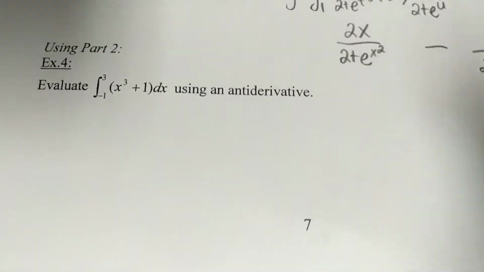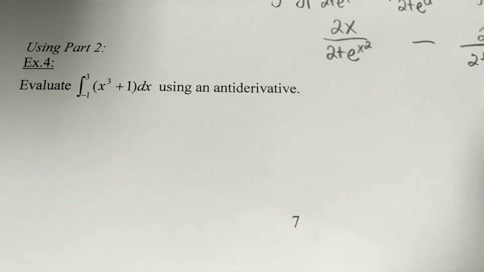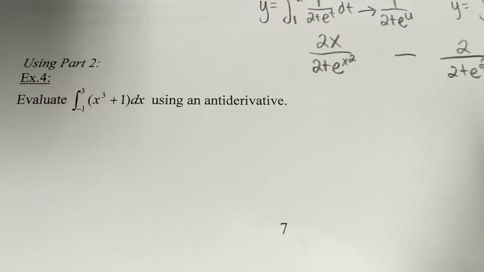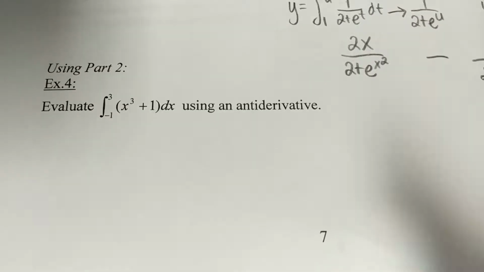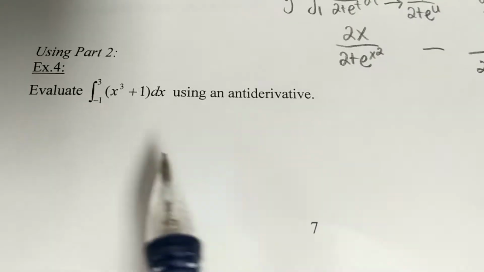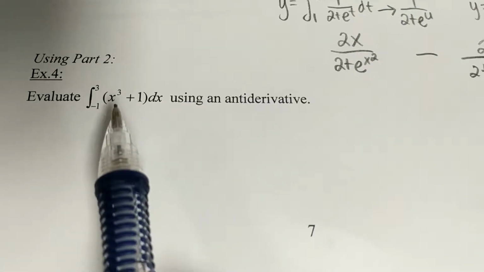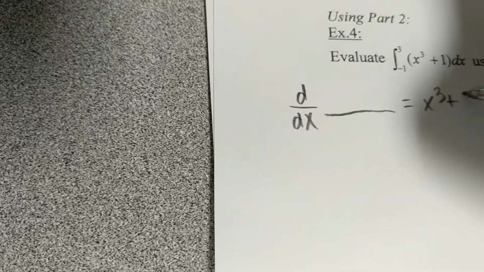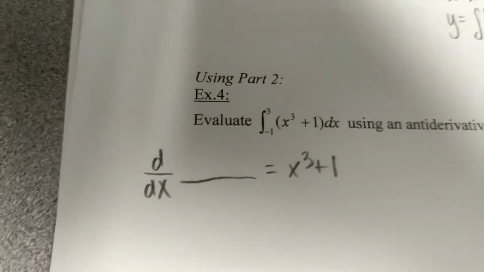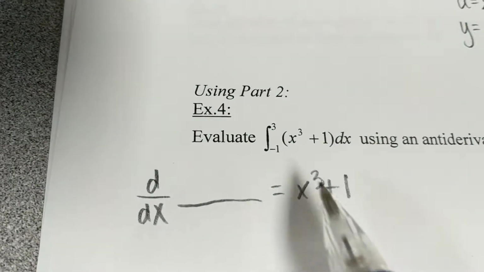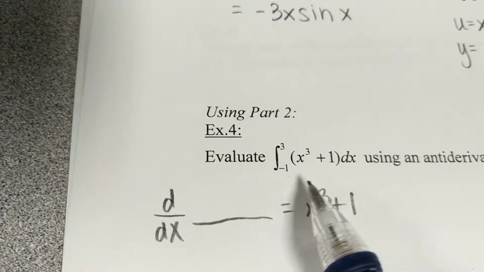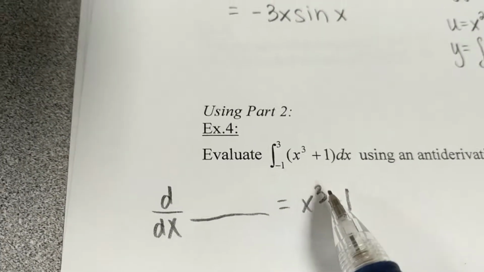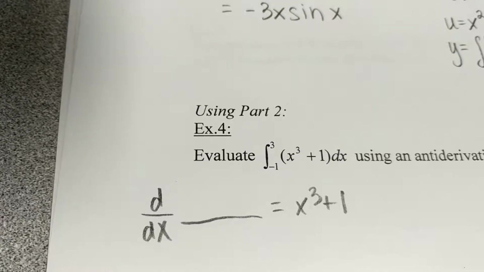So we're going to start with this one. Now, some of you did these in pre-calc, some of you did not. So I want you to think about the power rule when we're doing an antiderivative. We're saying the derivative of what function equals x cubed plus 1. Now, when we did the derivative, we took the exponent down, we multiplied by the exponent, and then we subtracted 1.